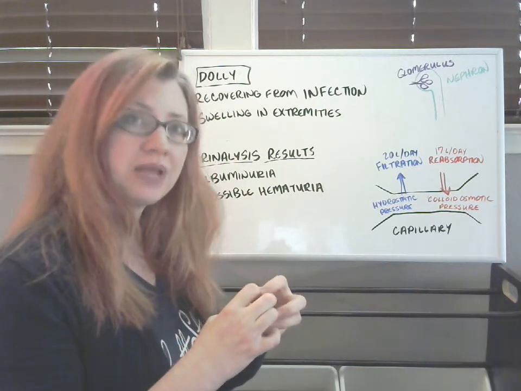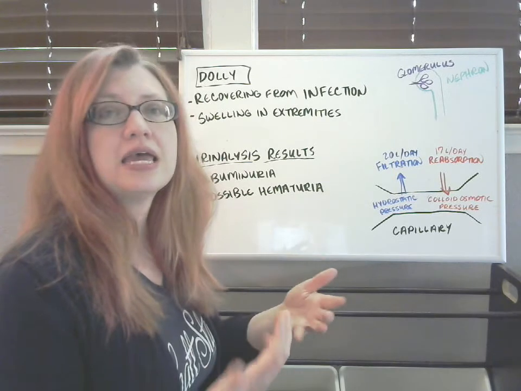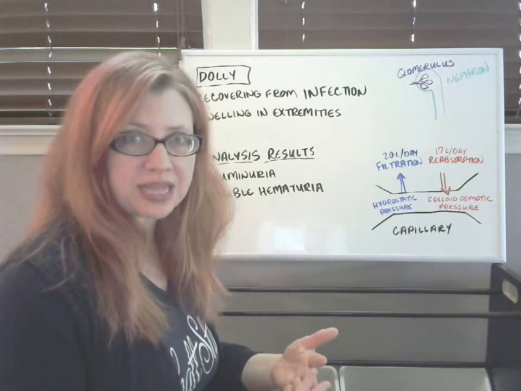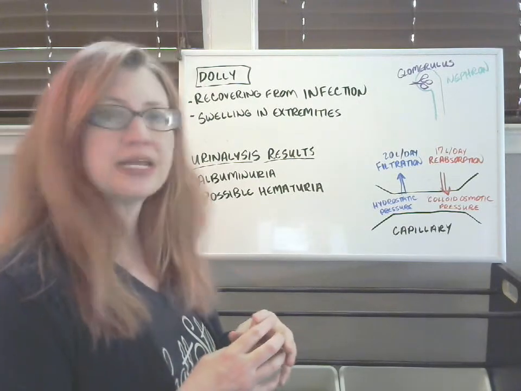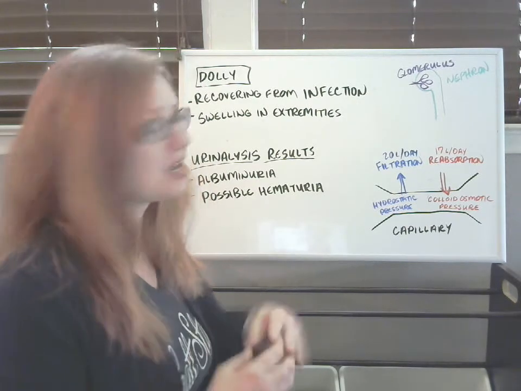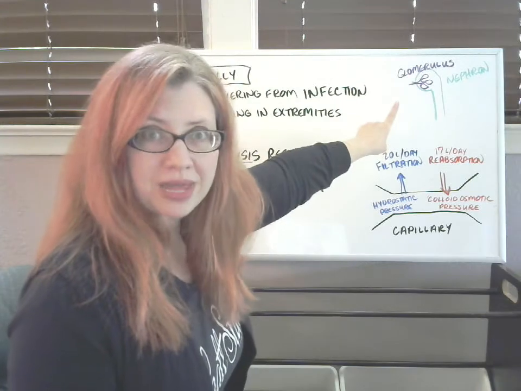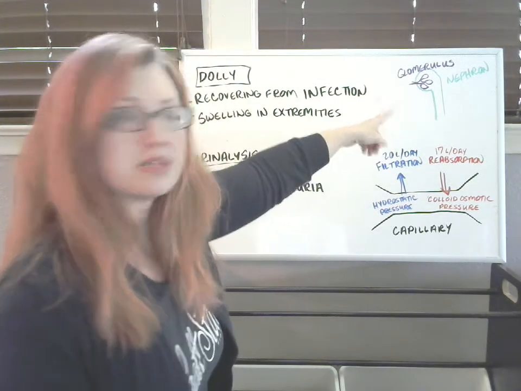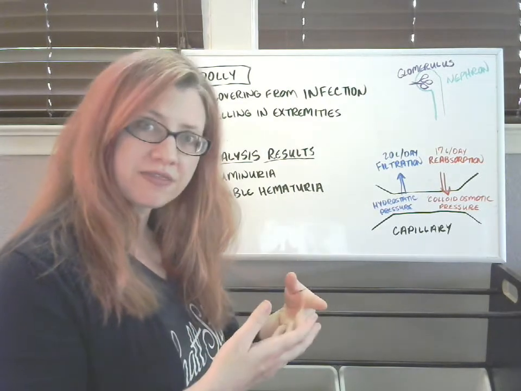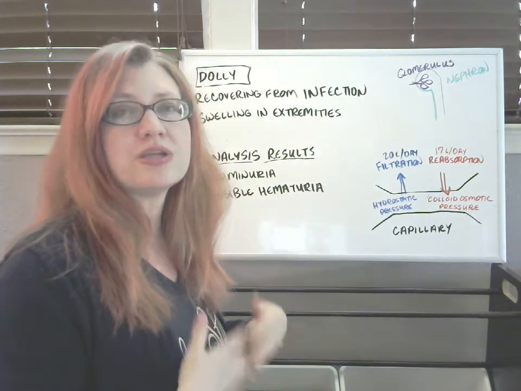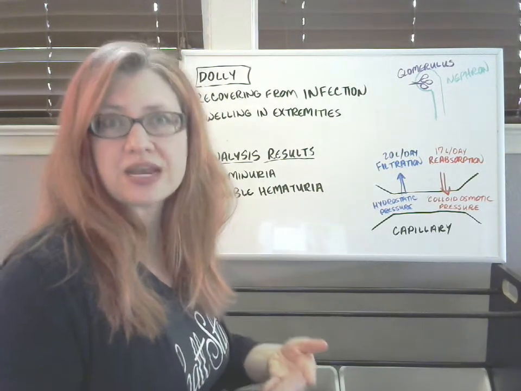And then these complexes can actually get stuck in areas of capillaries because the capillaries are so small. So in this case, these antigen-antibody complexes were getting stuck at the capillary bed at the start of the nephrons, the glomerulus. When you have these that actually get stuck there, it's going to cause inflammation in that area.